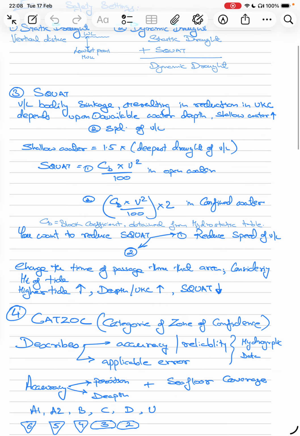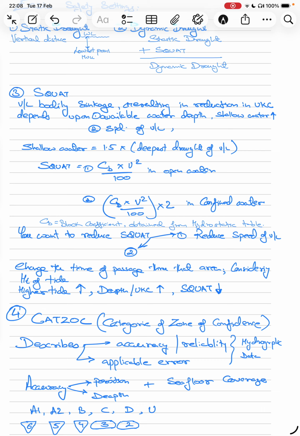Now, what is squat? Vessel's bodily sinkage, which results in reduction in the rudder clearance. It depends upon available water depth. Shallower is the water, the higher will be the squat. And secondly, the speed of the vessel.